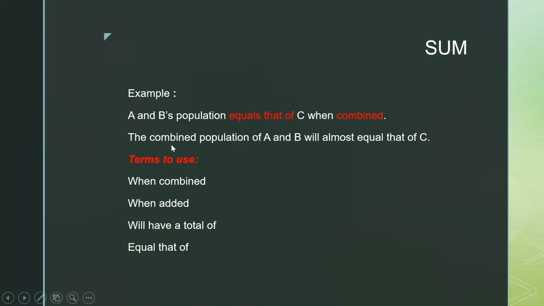You can also write it this way: the combined population of A and B will almost equal that of C. For example, if the total is not exactly the same as the value of another, then you can just use an approximation, like "almost." So these are the terms to use: when combined, when added, will have a total of, or equal that of. That's for the sum.